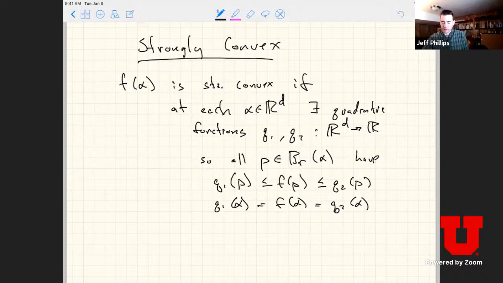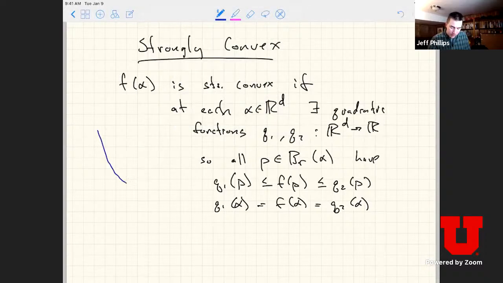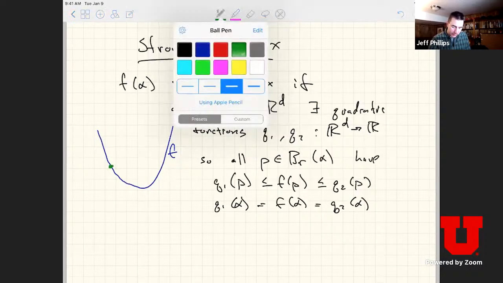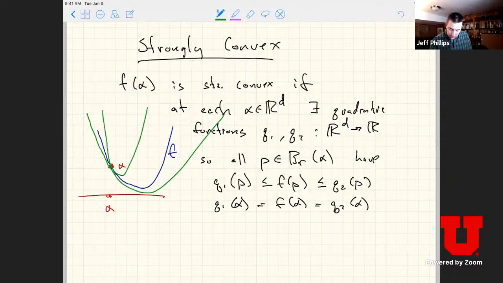Basically, if this is my function f, then at some point alpha, there are going to be two functions which are like parabolas. This is Q2, this is Q1; one is going to be inside, one is going to be outside of f.